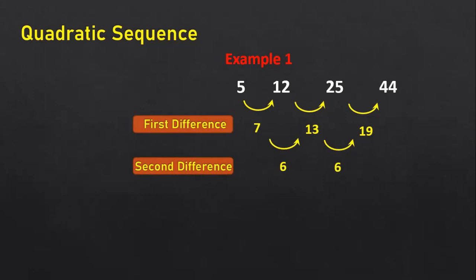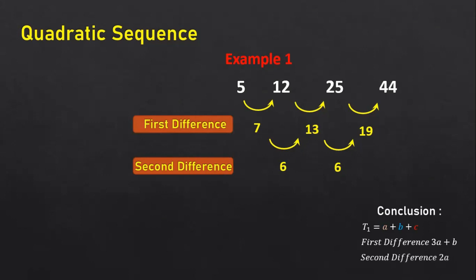Based on the conclusion, the first term, or T1, is A plus B plus C. The first difference is 3A plus B. And the second difference is 2A. Is it right, everyone?